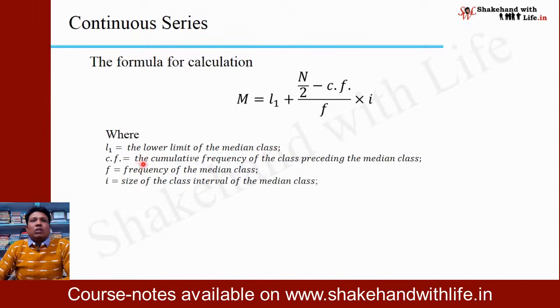CF is the cumulative frequency of the class preceding the median class, the class which comes before the median class. F is the frequency of the median class, and I is the size, that is the width, of the class interval. You can better understand by example.